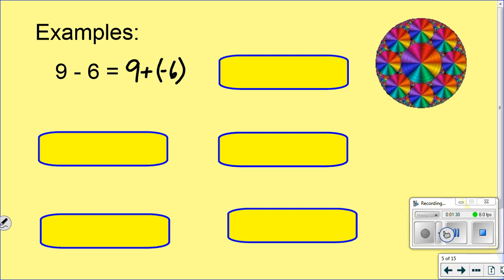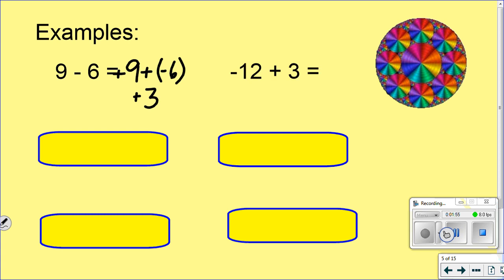So my signs are different. I'm going to subtract those when my signs are different. So I have 9 minus 6, which is a 3. And the answer is the sign of the larger number. Well, the larger number is a positive 9, so my result is a positive 3.